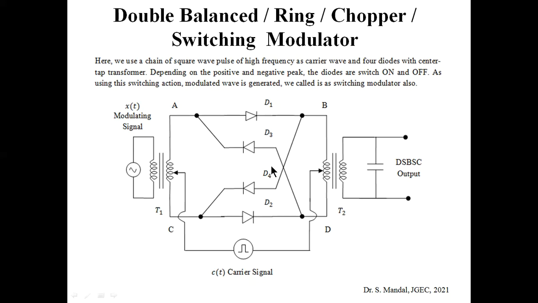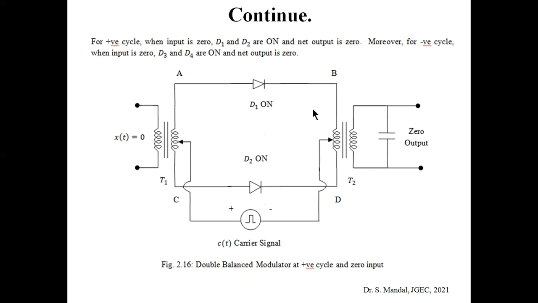Okay. Now let's move on to the operating principle of this ring modulator or switching modulator. Initially, to understand when D1, D2 or D3, D4 will be on or off, we consider zero input.